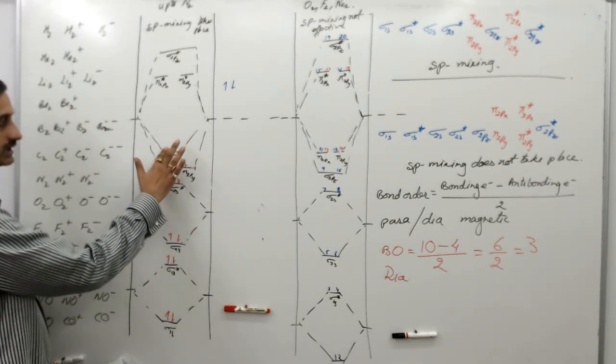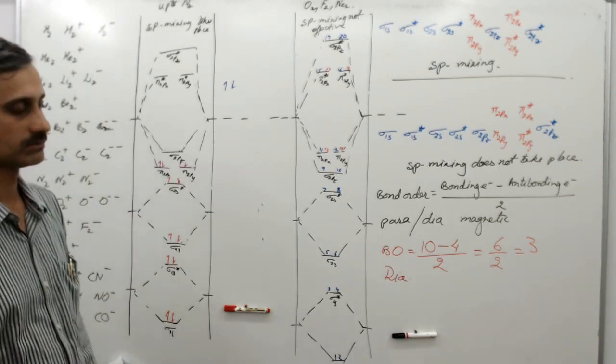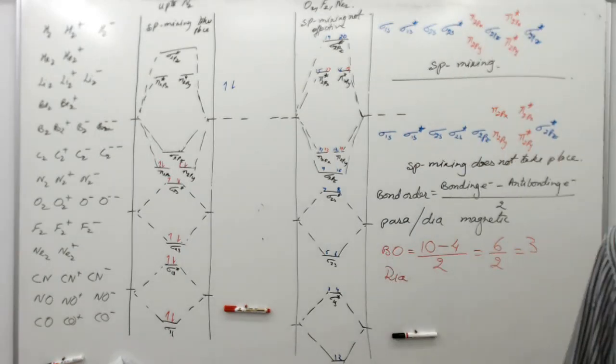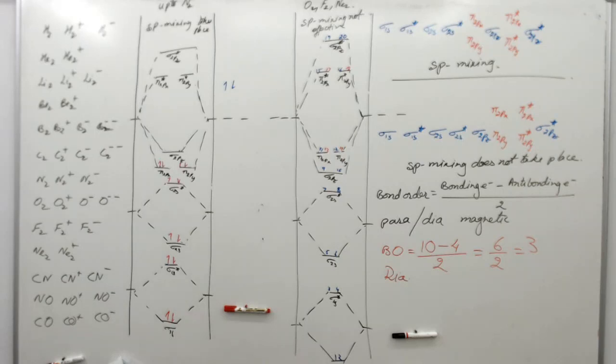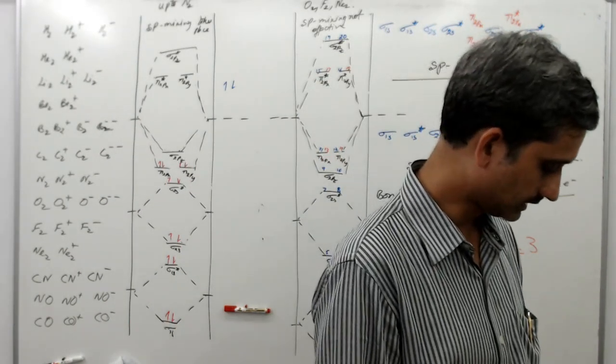And this becomes the diagram of carbon. So C2 has only 2 pi bonds, it doesn't have a sigma bond. Is this clear?